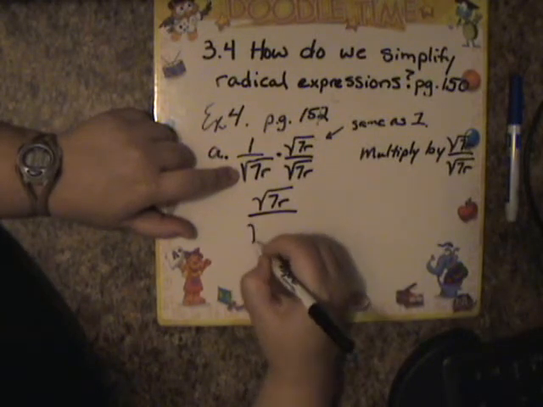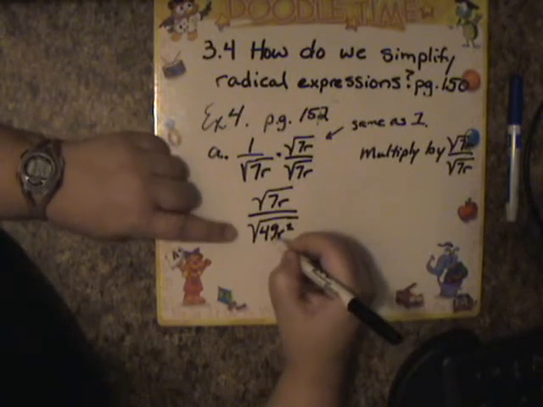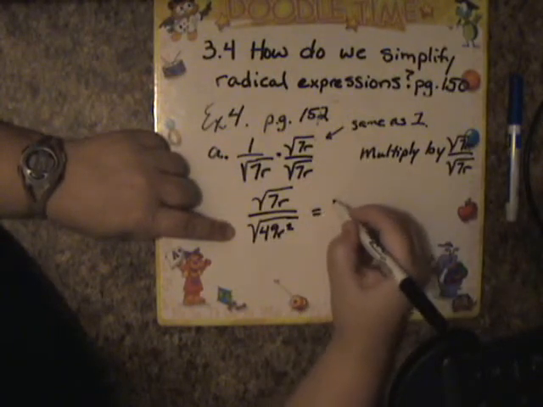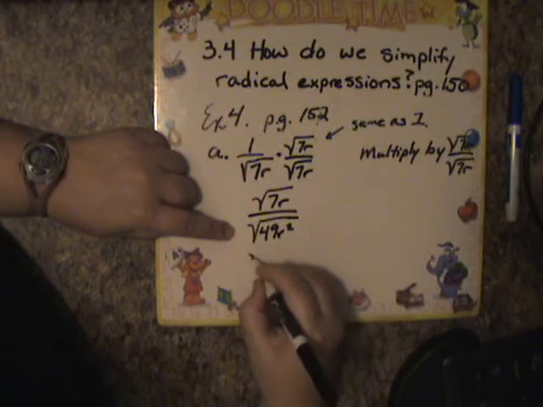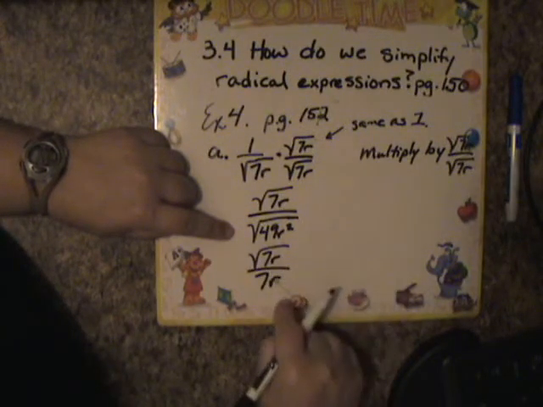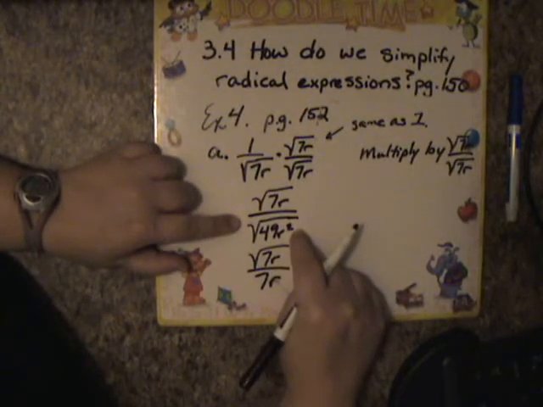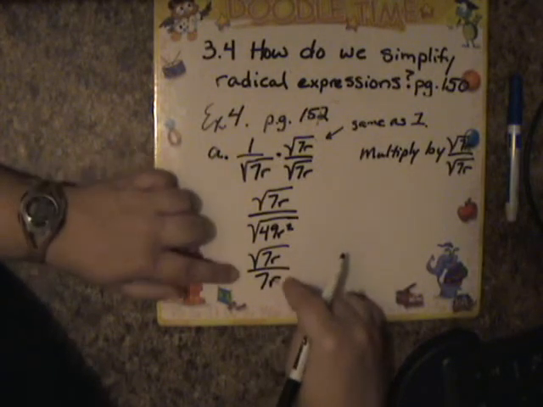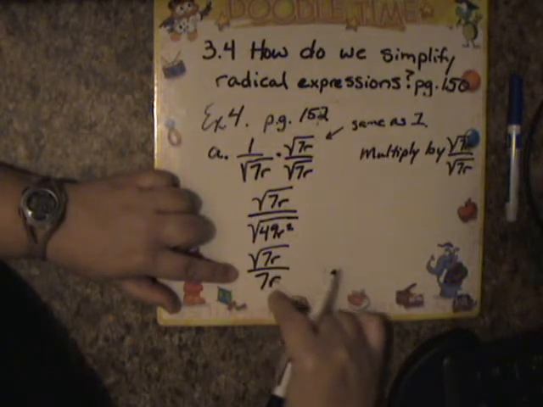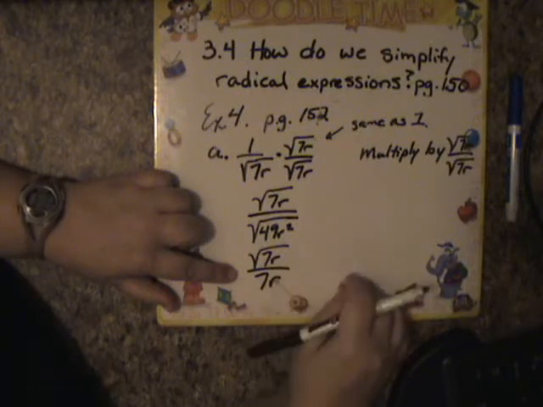So if I have the square root of 49 r squared, the square root of that just becomes the square root of 7r over 7r. Again here we're simplifying that denominator, and notice we don't have a radical in the denominator anymore, so this is simplified all the way.